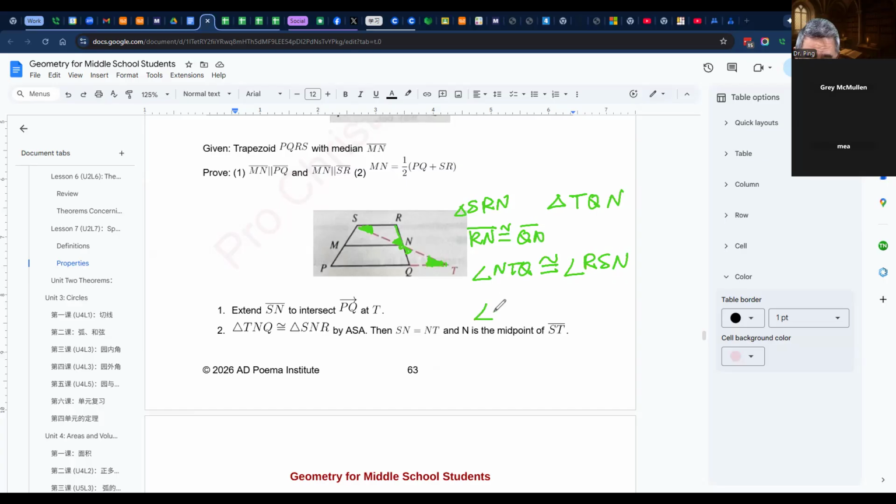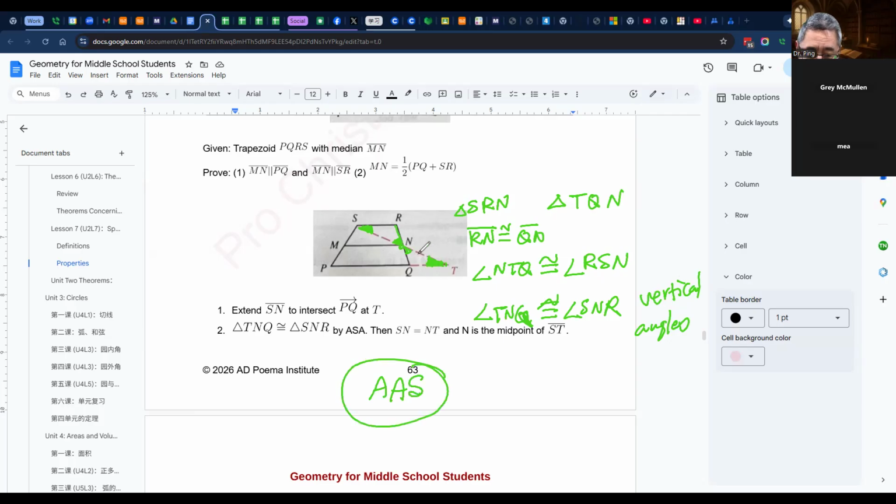And we also know angle TNQ is congruent to angle SNR because they are vertical angles. Vertical angles are always congruent. So now we have angle, angle, side. So we can use that theorem to prove this triangle is congruent to that triangle.